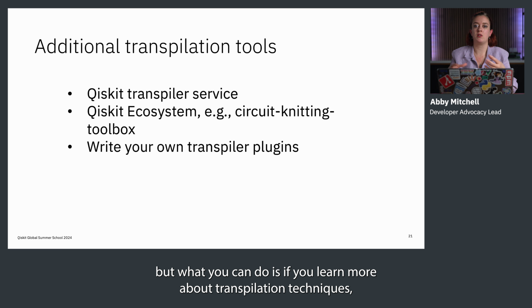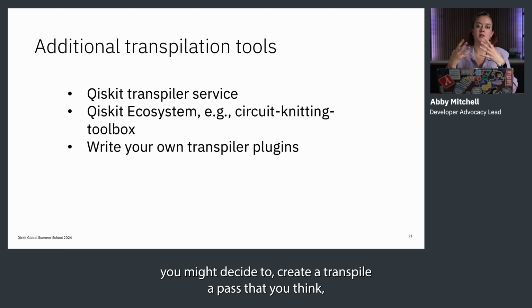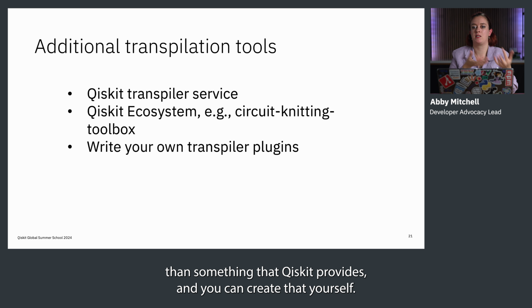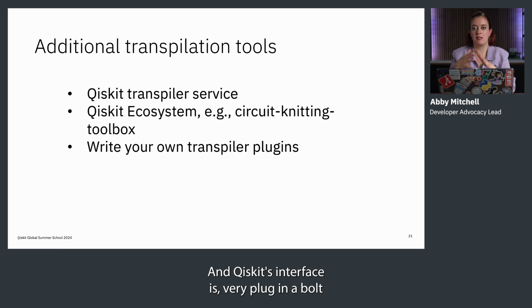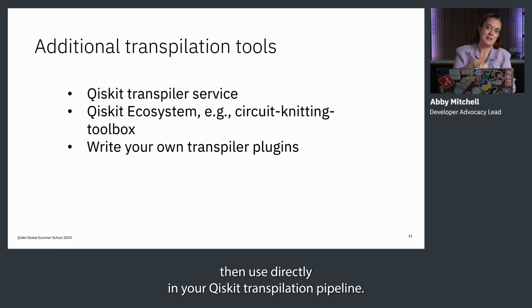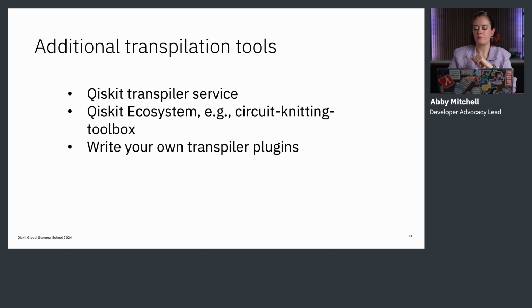But if you learn more about transpilation techniques, you might decide to create a transpiler pass that you think is better or more customized to your use case than something that Qiskit provides, and you can create that yourself. And Qiskit's interface is very pluginable, so you can turn your pass into a plugin that you can then use directly in your Qiskit transpilation pipeline.